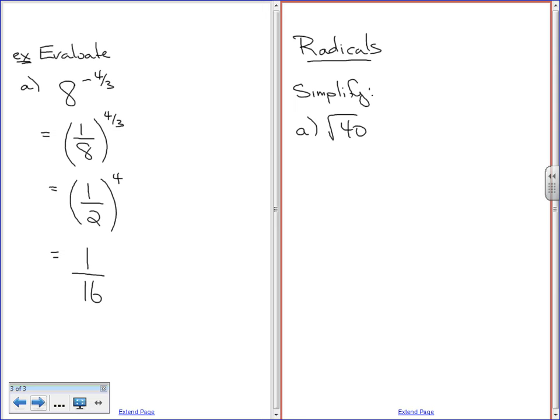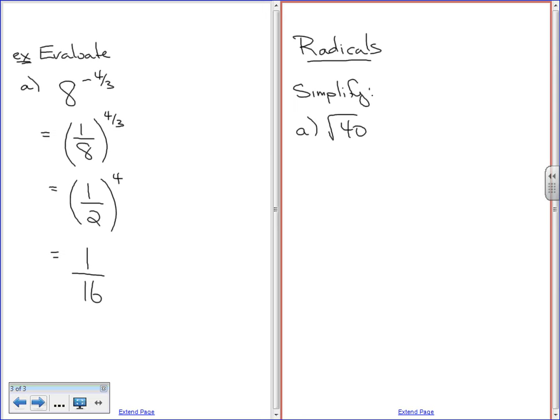Whenever you see a radical in a mathematical expression, it has to be simplified. Just like fractions always have to be written in lowest terms, radicals always have to be written in lowest terms. So when you're simplifying a radical, what you're looking for is the biggest perfect square that'll go into that radical.